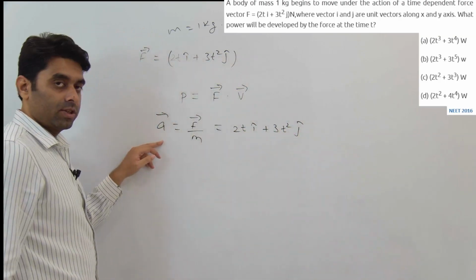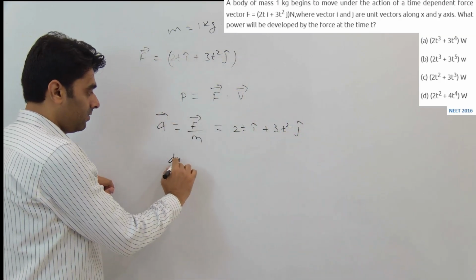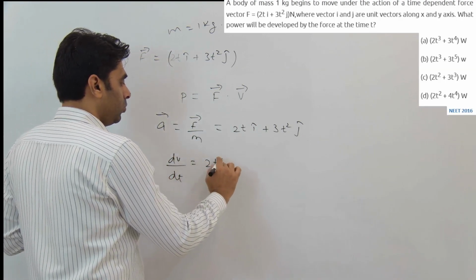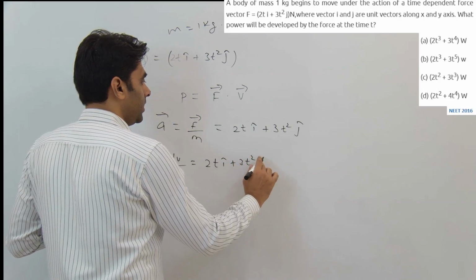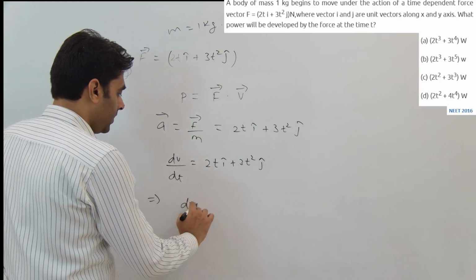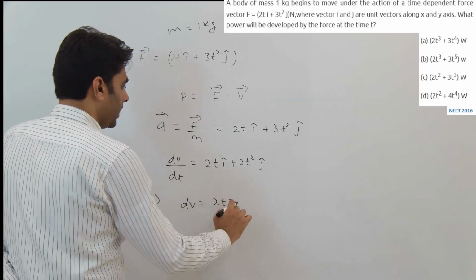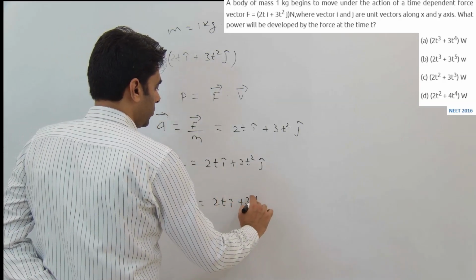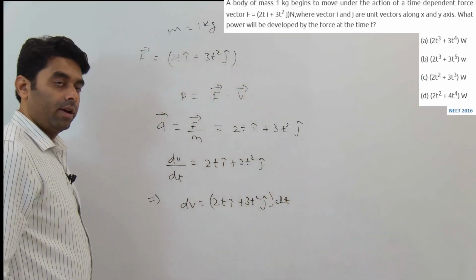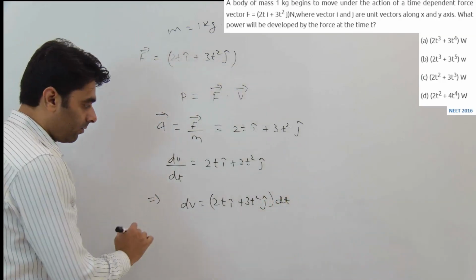Now what is acceleration? Acceleration is dv by dt. So dv by dt is equal to 2t i cap plus 3t square j cap. Over here I'll arrange it. dv is equal to 2t i cap plus 3t square j cap into dt, right? We'll integrate it and find out our velocity.